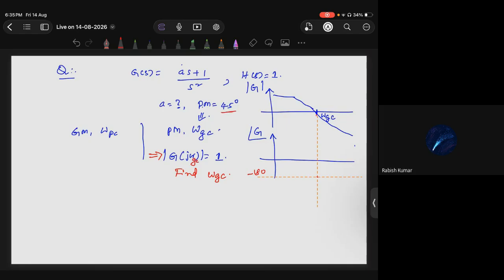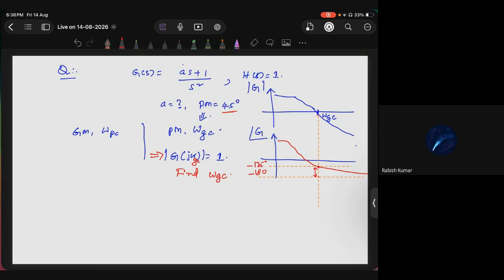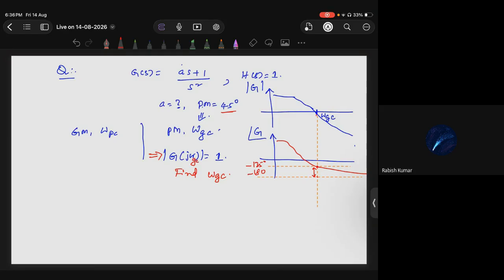Here it is deviated by 45 degrees. This height is 45. That means this phase will be minus 135. Am I correct? That phase is minus 135.